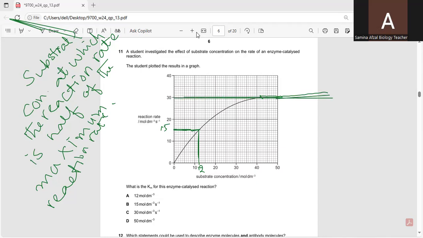So half of 30 is 15, and at 15, the substrate concentration is 12. So it means the answer is A. B, C, and D are not the correct options. We have calculated it from the graph.